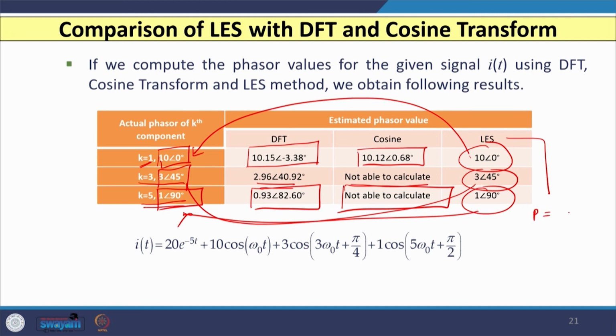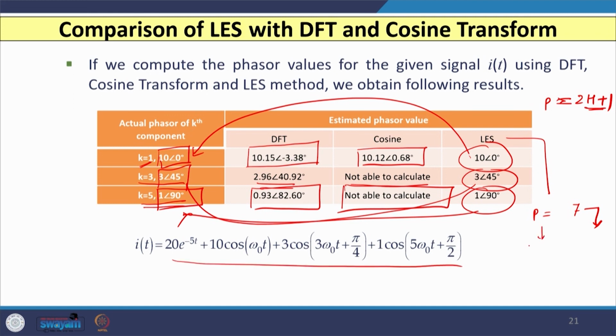Initially we considered p equal to 7. So, the number of unknowns is the same as 2h plus 1. Whatever samples you are acquiring is 7, and the number of unknowns is also 7, and then we saw that we do not get the required accuracy, meaning the phasor values we obtain are not close to the actual values.